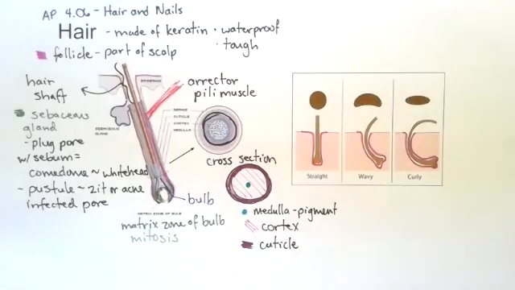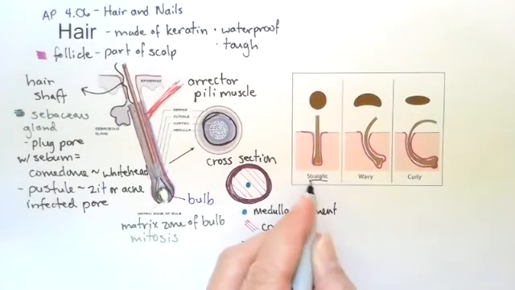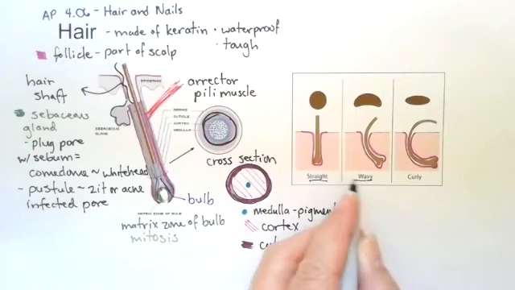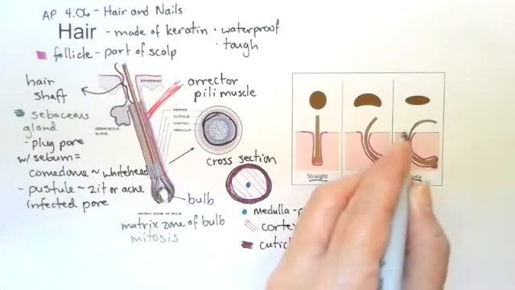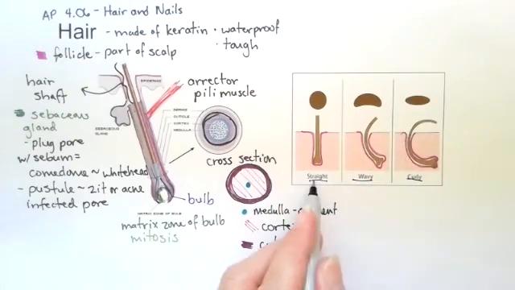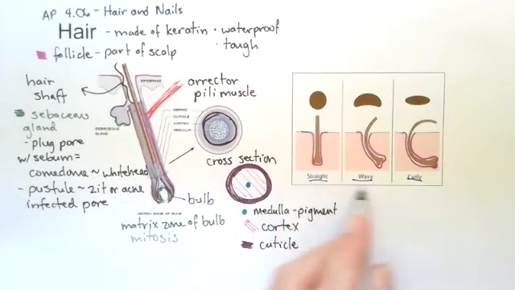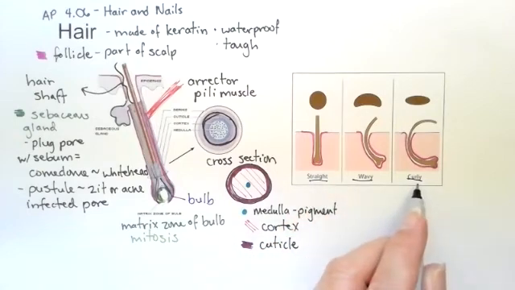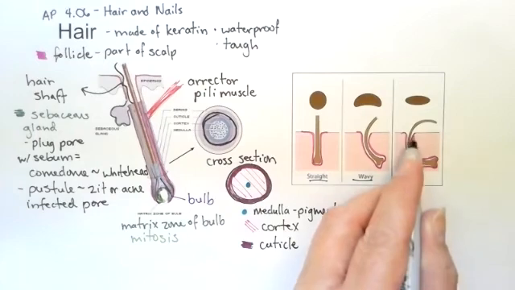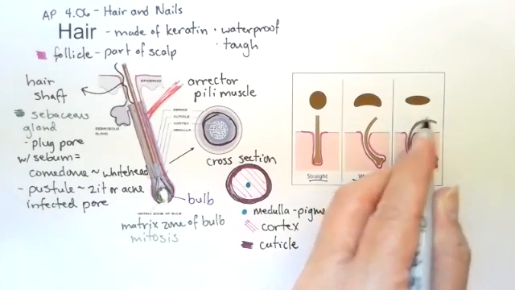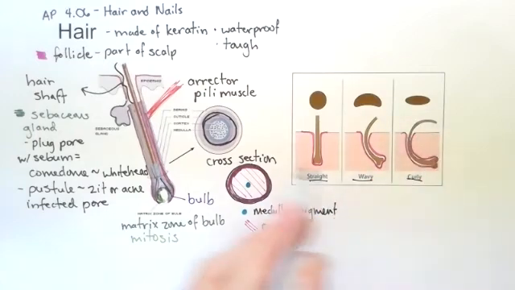Let's see, let's talk about hair shape. So over here, I have 3 different shaped follicles. I have a follicle that's straight, I have a follicle that's slightly bent, and I have a follicle that's got this really strong C-shape. This is what determines straight hair, wavy hair, curly hair. If your hair is super curly, your hair follicle is shaped like this, and when the hair grows, it coils as it grows.